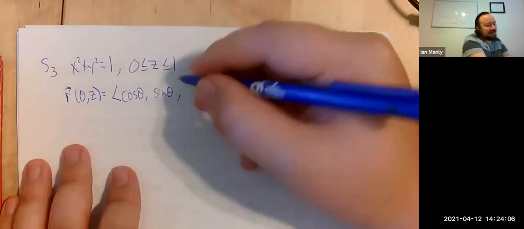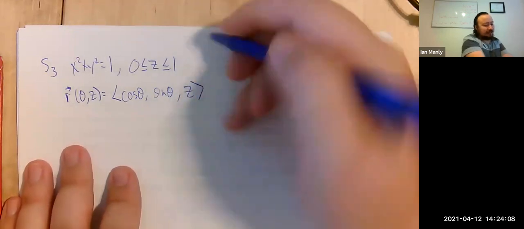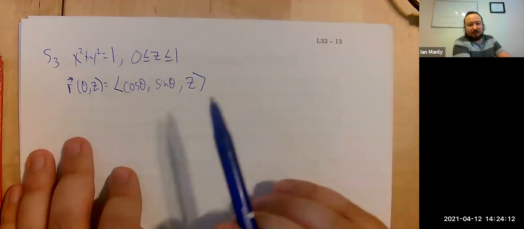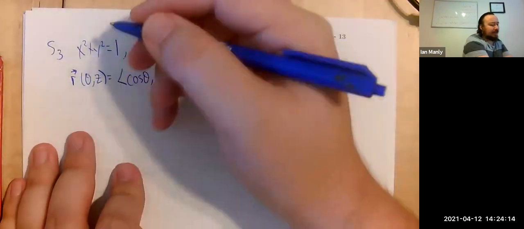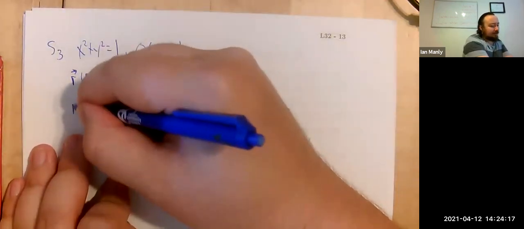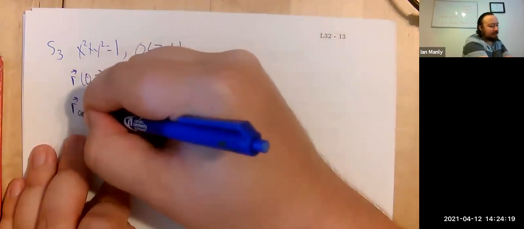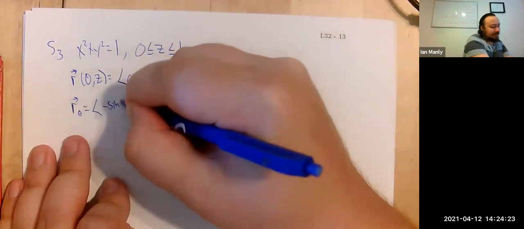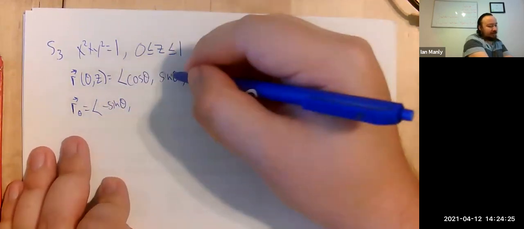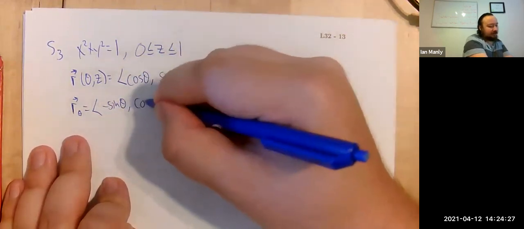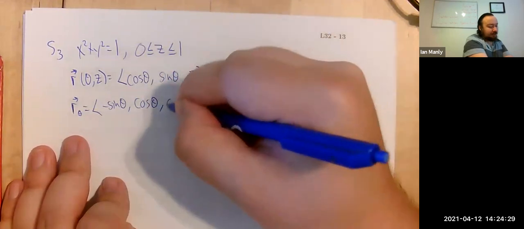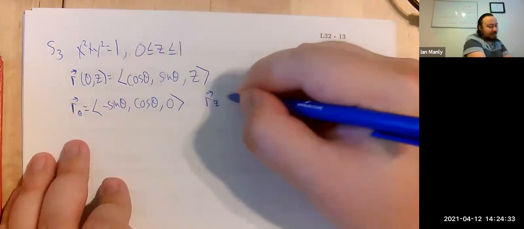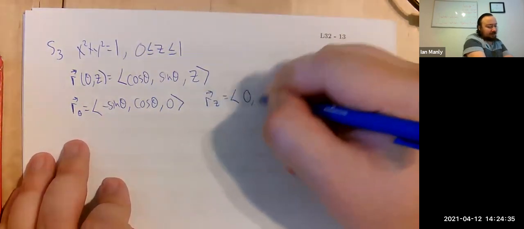and then z is z. This is going to be my r of theta and z right here. Then let's compute r theta and r z. Our r theta is negative sine of theta, cosine of theta, 0, taking the theta derivative. Meanwhile, our r z will be 0, 0, 1.